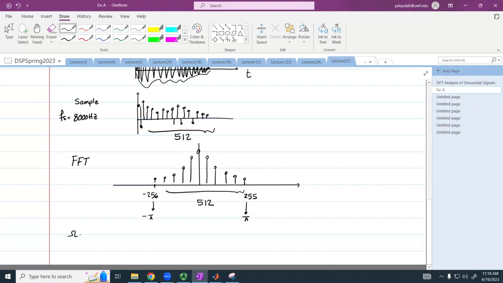But omega is equal to W multiplied by T, and therefore W is equal to omega divided by T, which is going to equal plus or minus pi, multiplied by 8,000. And therefore, the frequency is going to be plus or minus, I'm going to divide by 2 pi, 4,000.